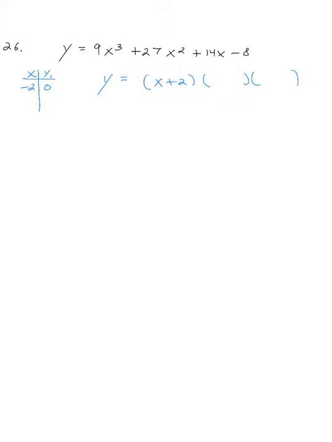I'm going to use polynomial division again, where I'll take x plus 2 and divide that into 9x cubed plus 27x squared plus 14x minus 8. So I'll multiply by 9x squared. That gives me 9x cubed plus 18x squared.